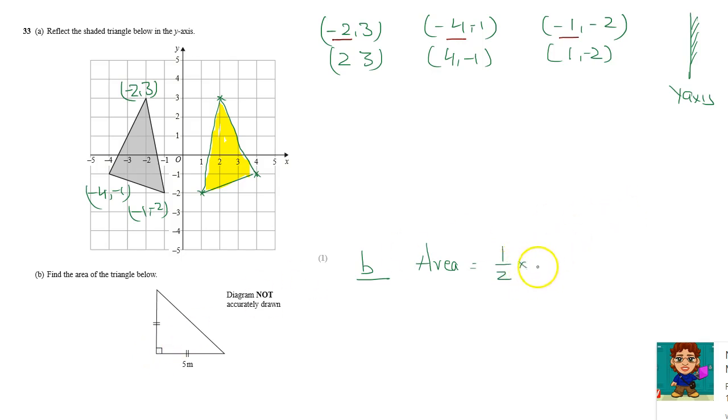Half multiply base, which is 5, multiply height. These are the same, which means both line segments are the same, the sides of the triangle are the same. Height is 5.